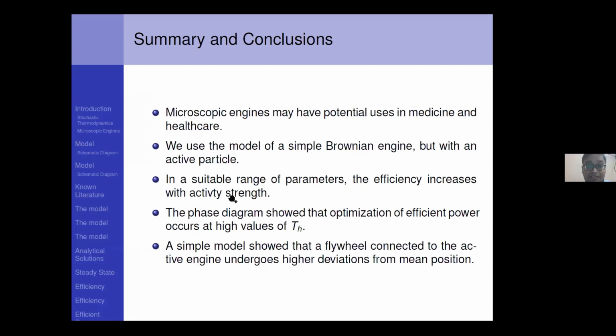Efficiency increases with activity strength. But if I optimize the efficient power, this happens at high values of temperature difference. And a simple model was explored in which a flywheel was connected to this engine, and we checked that when the engine is active, the flywheel undergoes further motion.